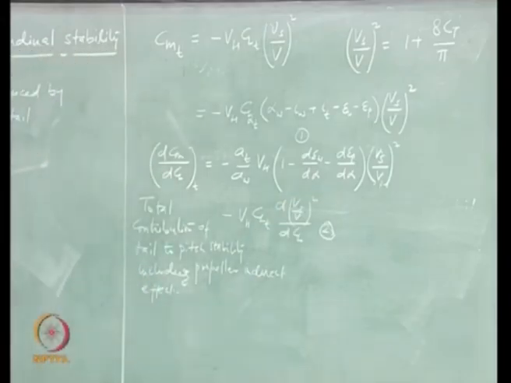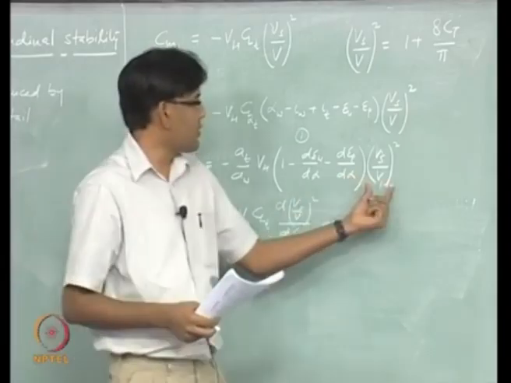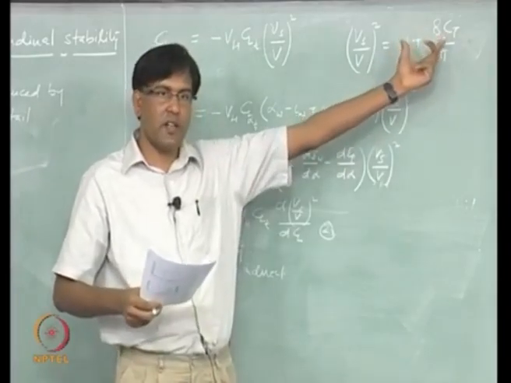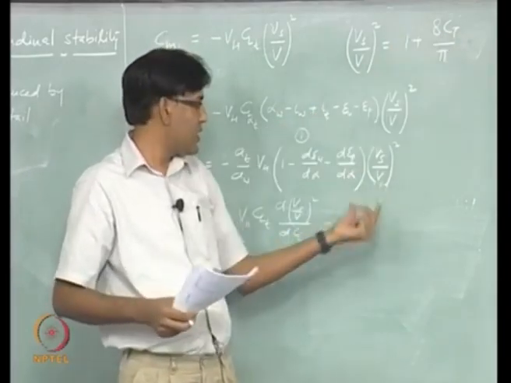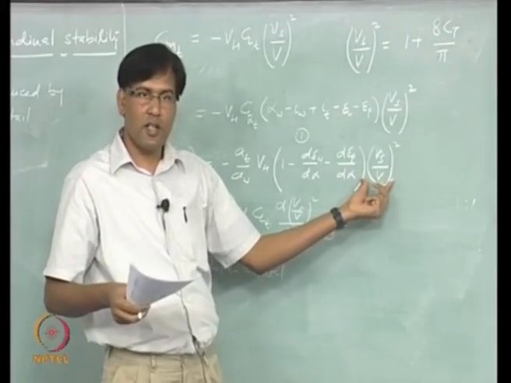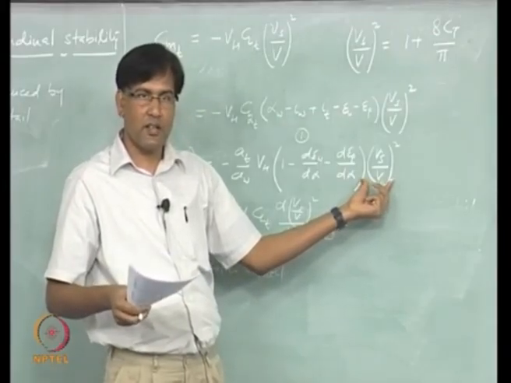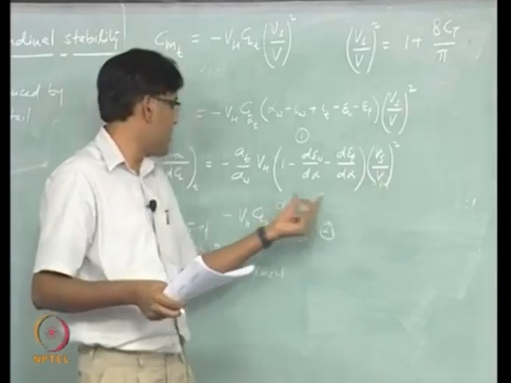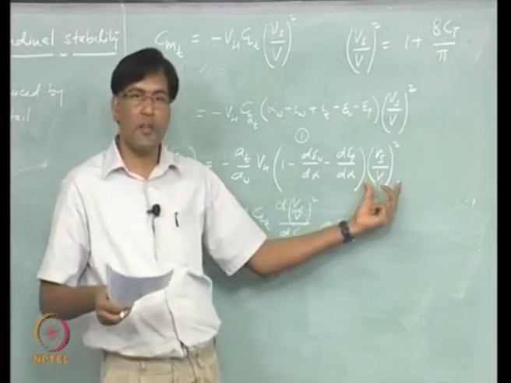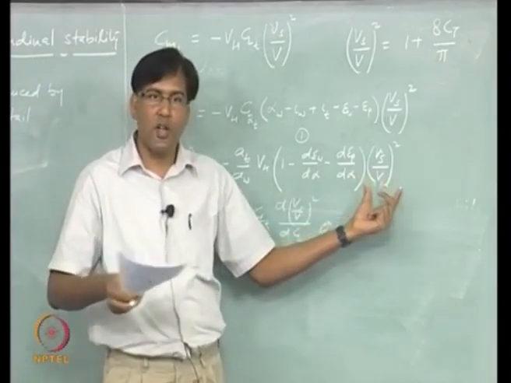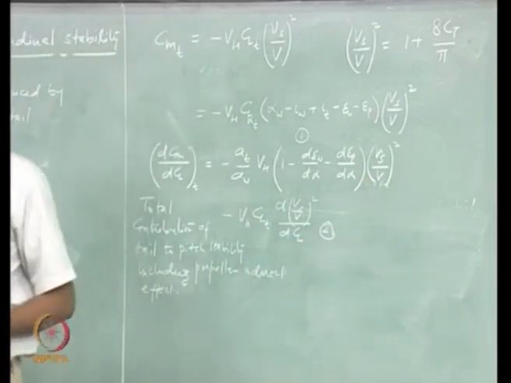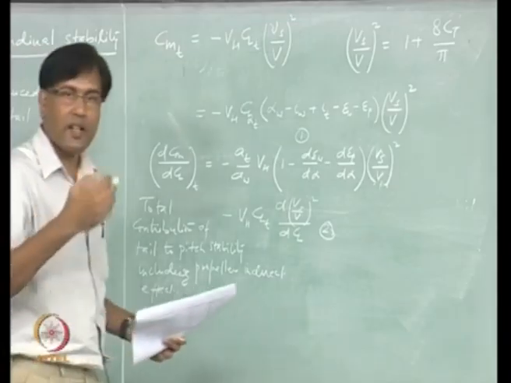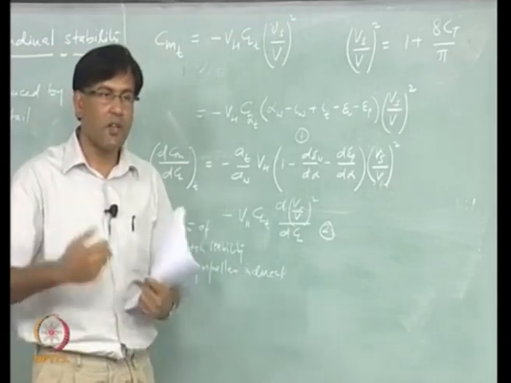All right. What else do you see there? In general, this term is 1 plus 8 Ct over pi, right. So, this is going to provide stability, isn't it? We are multiplying this quantity by something which is more than 1, though I said that if you put the tail behind the wing, then the tail efficiency factor will go down because it is lying in the wake of the wing.